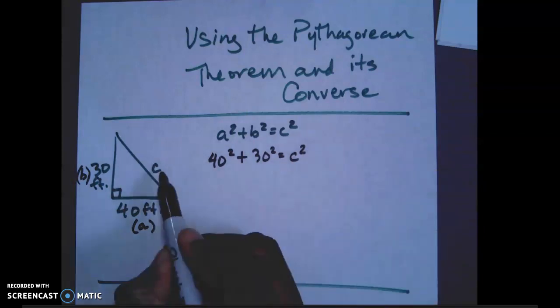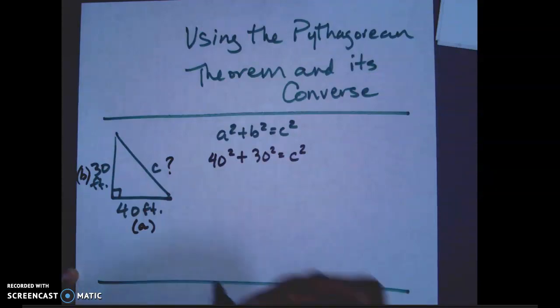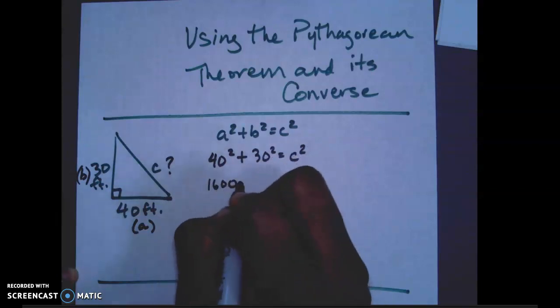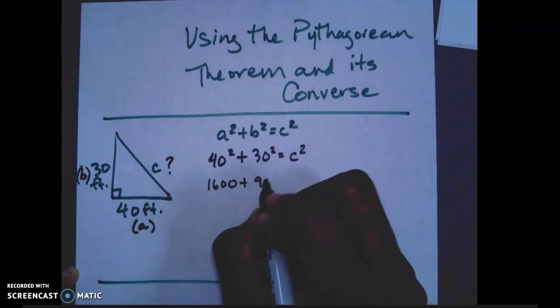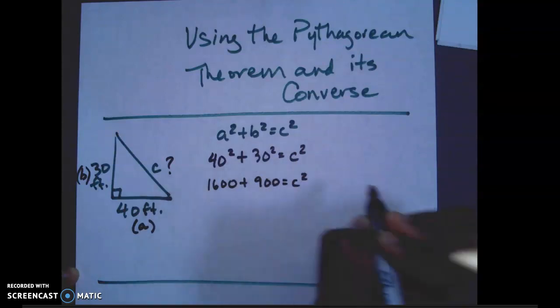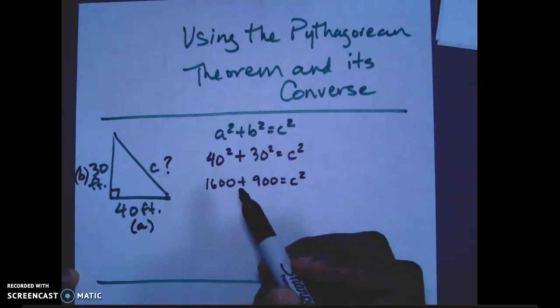Right now, I don't know the value of my c, so I'm going to simplify that out. Once I simplify that, I know that 40 squared is going to be 1,600. 30 squared will be 900. And that's still going to be equal to c squared. So I'm maintaining all of my values as I continue to simplify.